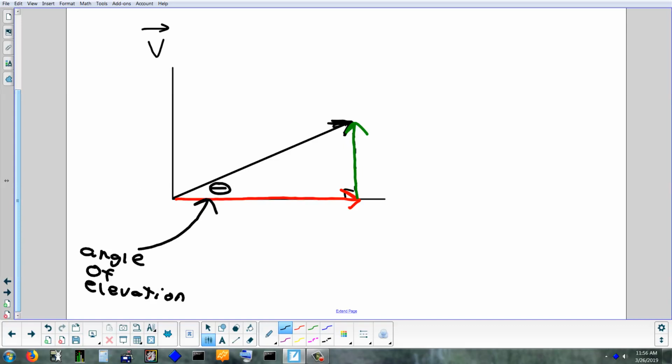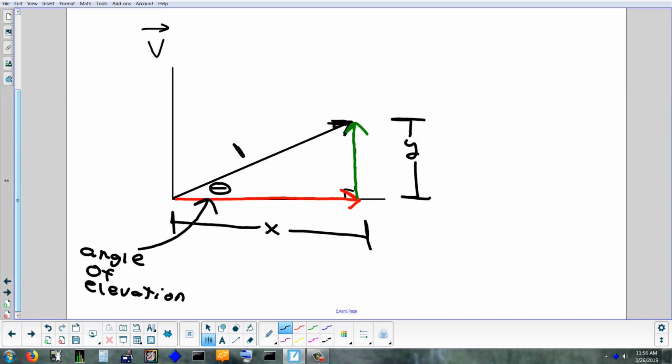Okay, so now we need to label some of these sides. So let's let x be the length from here to here. Let's let y be the length from here to here. And now I'm going to name the vector in black a little differently. I'm going to do it the way your book did.